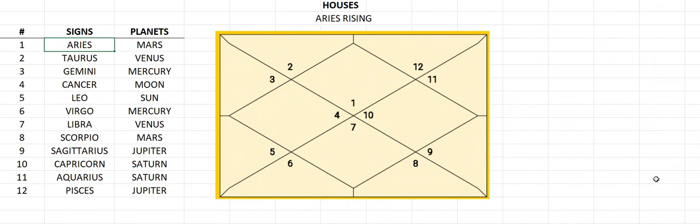A birth chart consists of three main components: signs, planets, and houses. The first component is the signs, the second component is the planets, and the third component is houses.